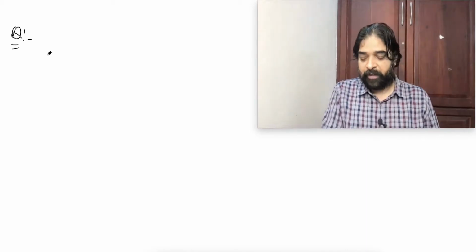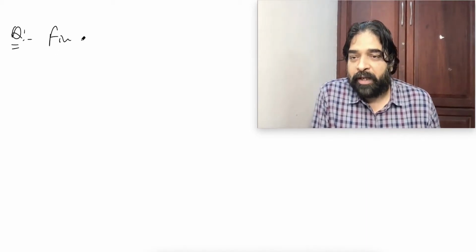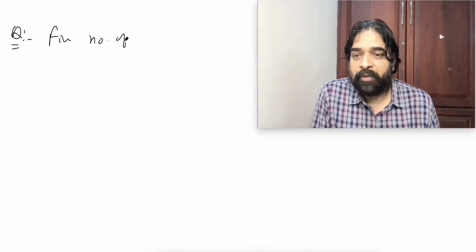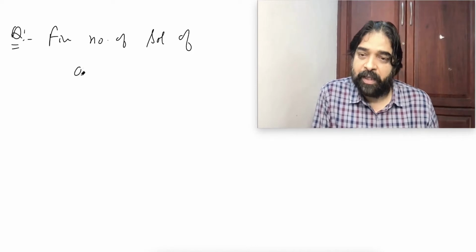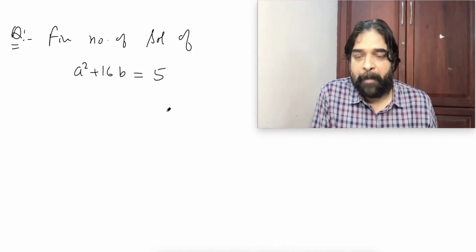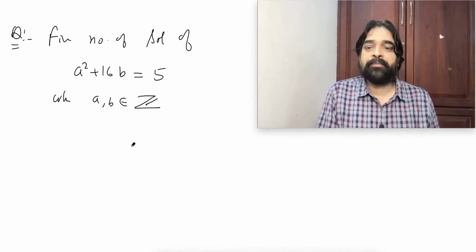Let's go ahead and do some more questions so that we can wind up this particular segment. Write a question. Find the number of solutions of the equation a square plus 16b is equal to 5, where a and b are elements of integers.